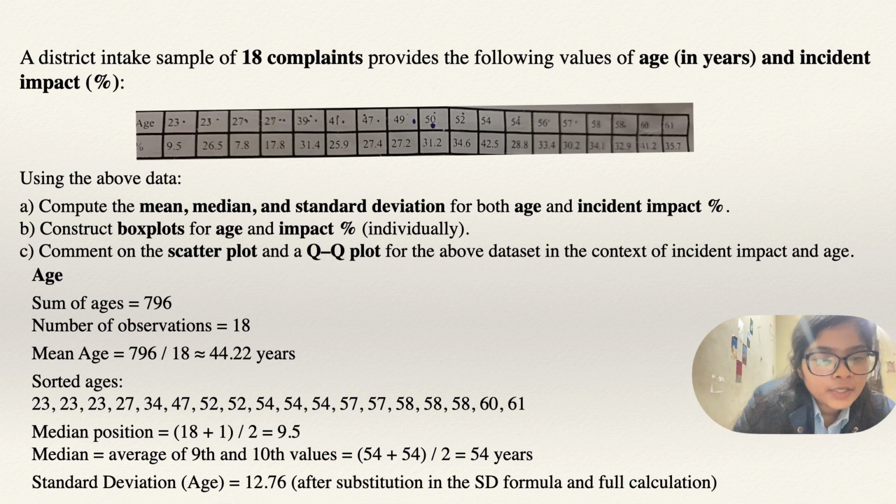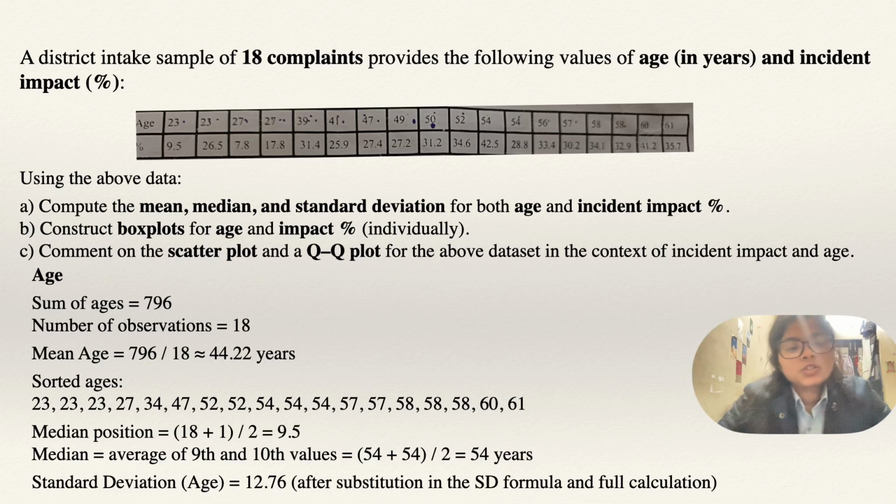So we are calculating the mean of age, for which we have summed up all the ages and divided by the total number of data points, we get 44.22 years. And then we sort this data and find the median position. Since the number of observations is even, we calculate the median position this way: 18 plus 1 divided by 2.